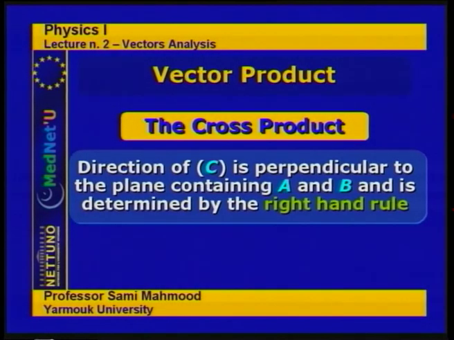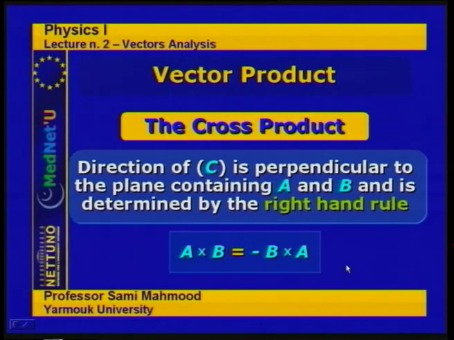Now, does the order of the two vectors matter in cross product? Indeed, it does. We have to pay attention to this point. So when we say, for example, A cross B is equal to C, it's completely different from B cross A. If we switch the order of the two vectors, we will get a minus sign.